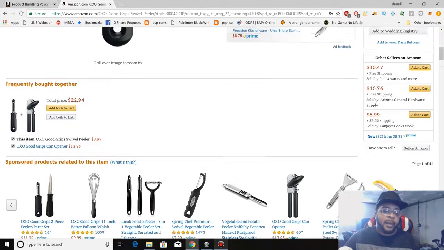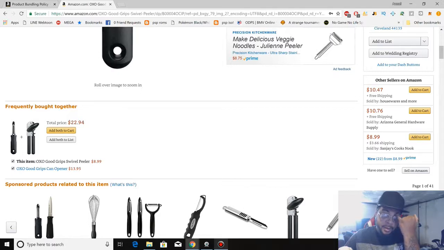The other thing, and this is important, is that when you are bundling, your product has to be bundled before you get it to Amazon. That means you may have to do some talking and discussions between the two manufacturers, your Chinese manufacturers, and hopefully your manufacturer will be able to produce both items for you.